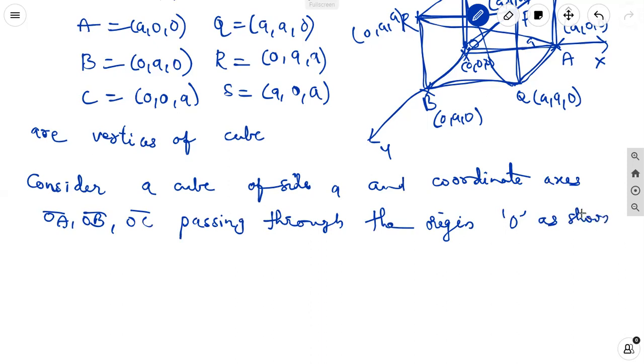And O, A, B, C, P, Q, R, S are the vertices.